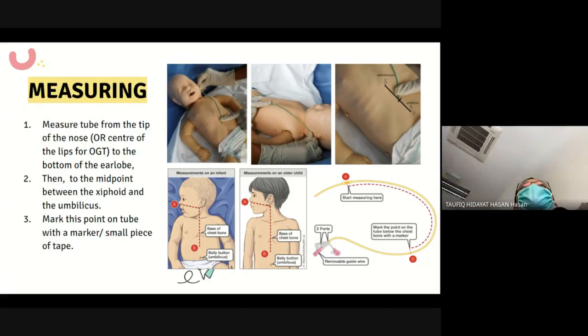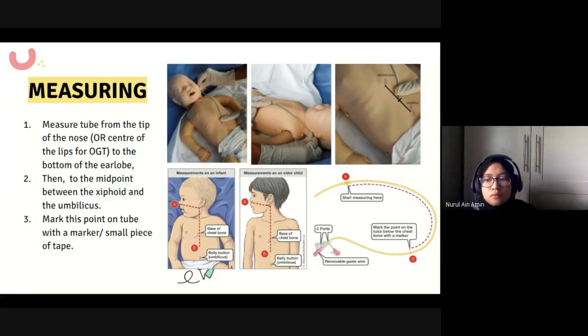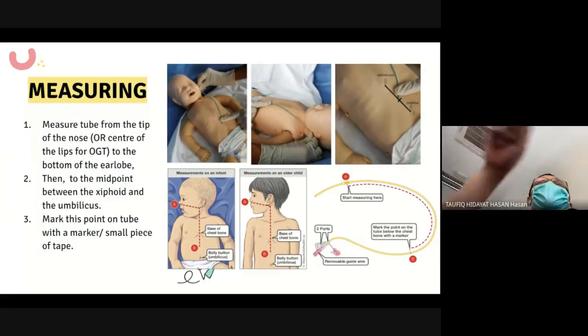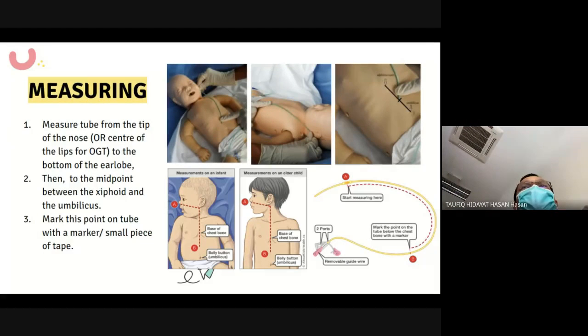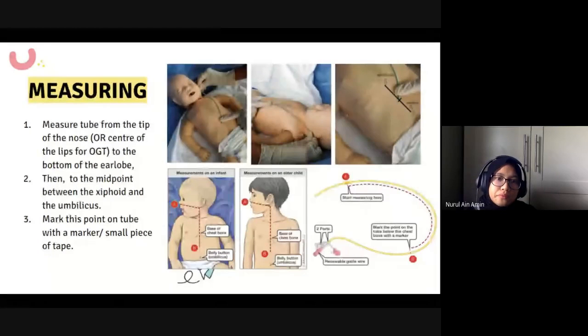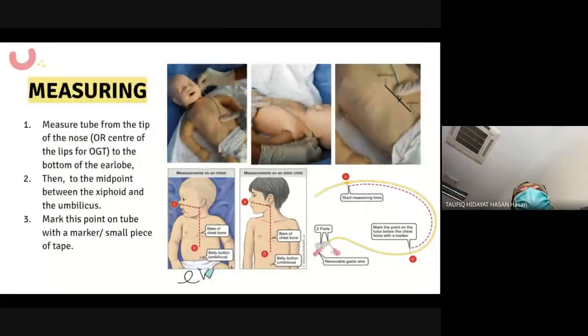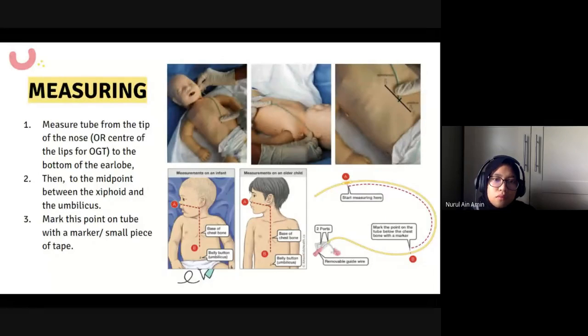So pas di pyloric valve tu, so pergi ke duodenum. Or at least kalau tak pergi duodenum, dia akan berpusing-pusing in gaster ya. Nanti masa X-ray nampak lah. So usually we pull out lah how many cm, we pull out, we measure after X-ray tu.